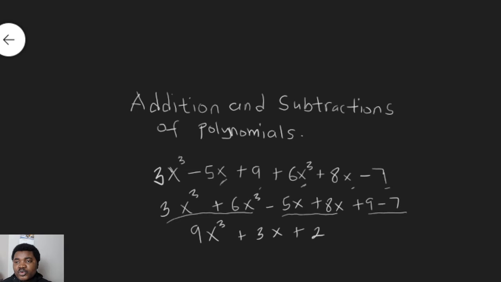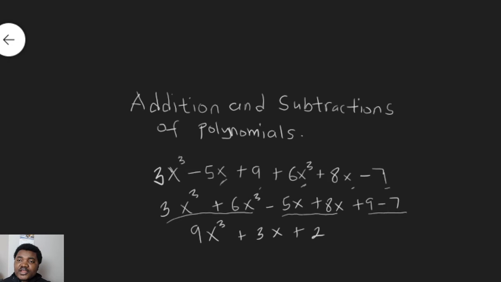So the first example we looked at was 3x cubed minus 5x squared minus 5x plus 9 plus 6x cubed plus 8x minus 7. So if this is the problem that you have to simplify, you know that it is polynomials, and you have to do some addition and then some subtraction.